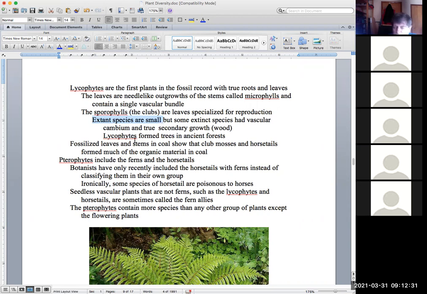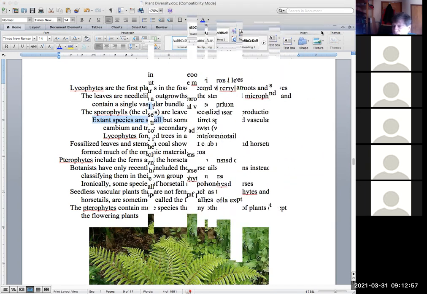And in fact, there's pretty good evidence that lycophytes, along with horsetails, actually form a lot of the fossil fuel that we call coal, because sometimes coal is not completely formed. And when it's not completely formed, you can actually see the leaves and the stems that are being crushed to make the organic material into coal.